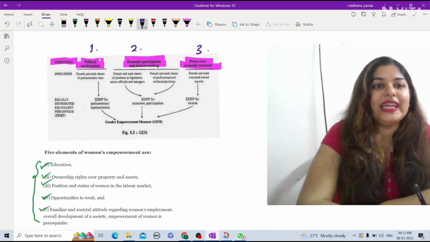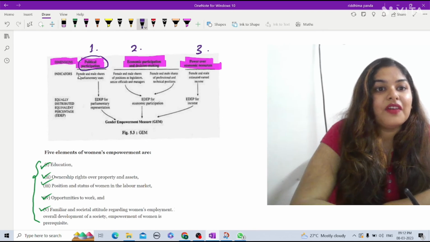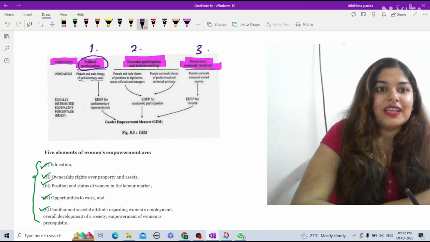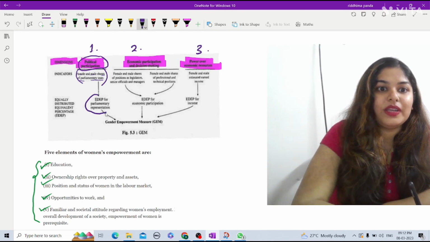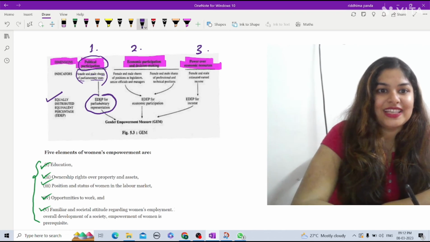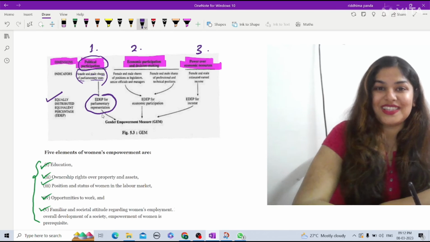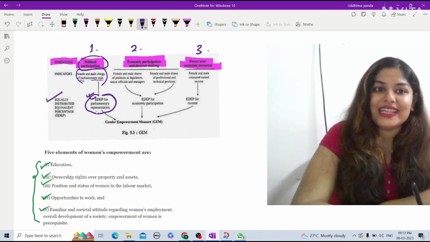Now let's see the indicators to measure political participation, as we have just discussed: female and male shares of parliamentary seats. This is what we are going to take into account. And finally we measure the equally distributed percentage, that is EDP, for parliamentary representation for male and female taken together. Then we will find this index.